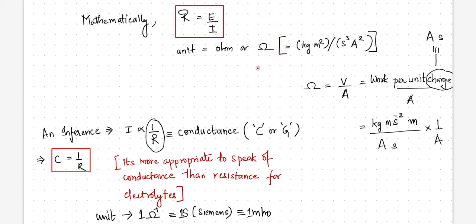So this is a very important relationship, Ohm's law, and from this we come to the different terms that we are going to look into in this video. The first inference that we get from this Ohm's expression is that the current is inversely proportional to the resistance.